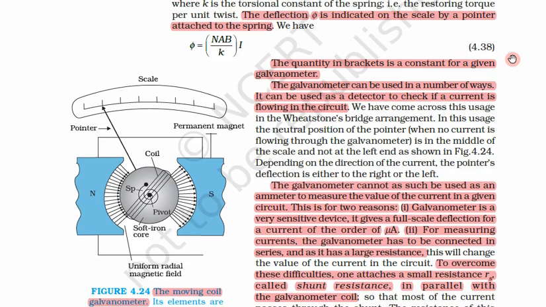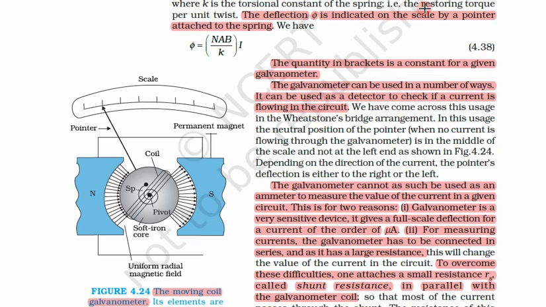The galvanometer can be used in a number of ways. Just by seeing this equation, we can see that we can measure current by this moving coil galvanometer, because this number is a constant. So, if there is more current, there is more deflection.